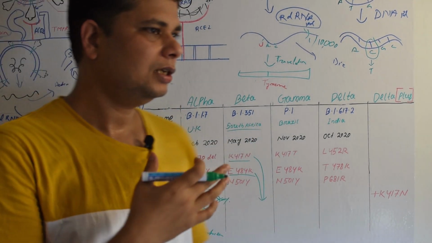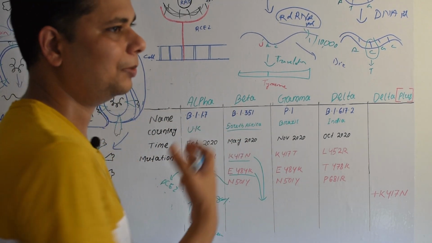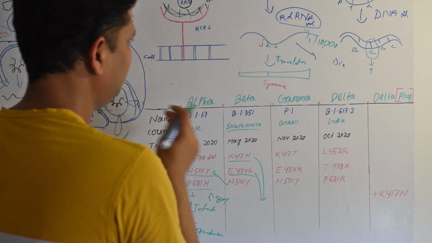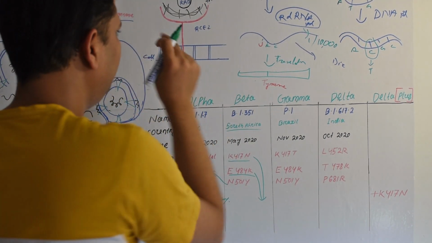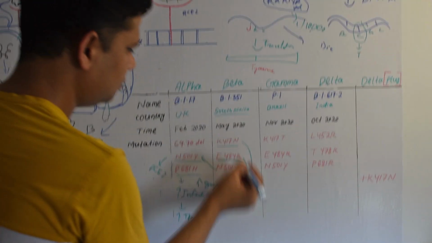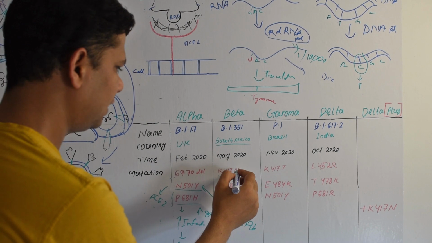Suppose there was a monoclonal antibody which different companies make to inhibit the binding of the spike protein to the ACE2 receptor. K417N escapes monoclonal antibodies.